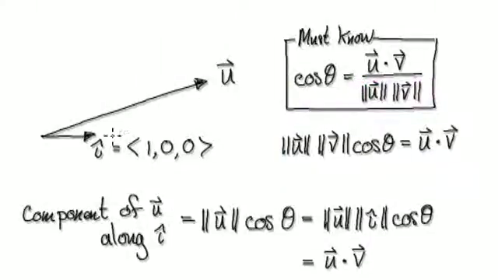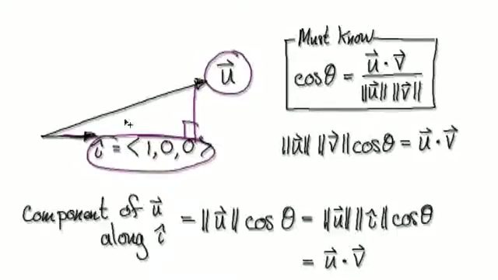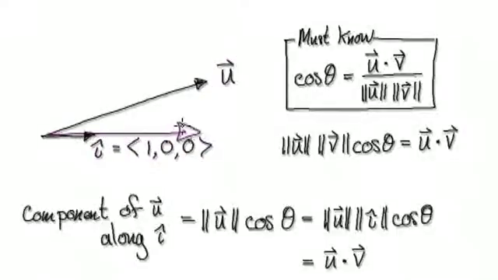So now let's say you want to know the component of this vector. You would project it onto this unit vector here. Basically, we want to know this component here, this vector here. So we are projecting u onto I hat.